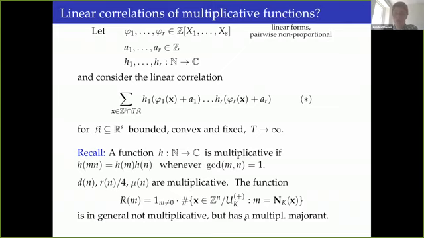And this fact that you find a multiplicative majorant has been one important tool in the proof of asymptotics for correlations involving such r functions. So the multiplicative structure of functions involved has been important in all of these examples.